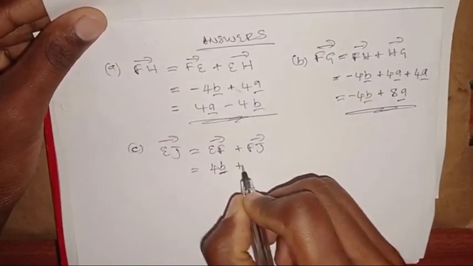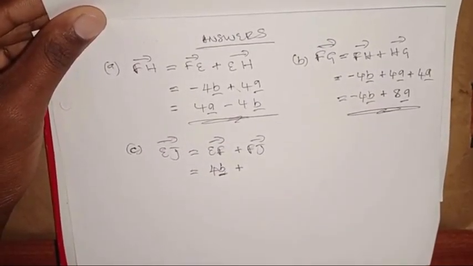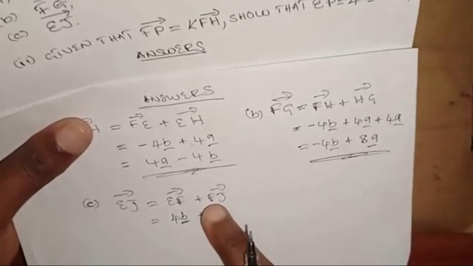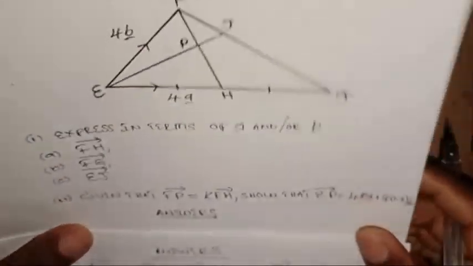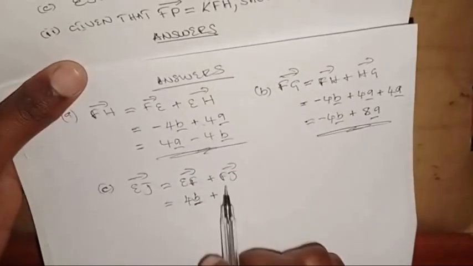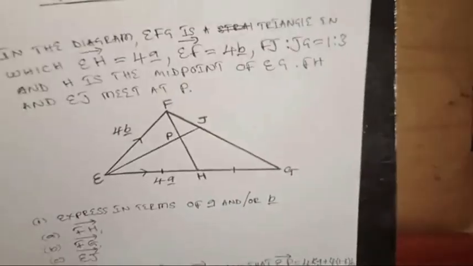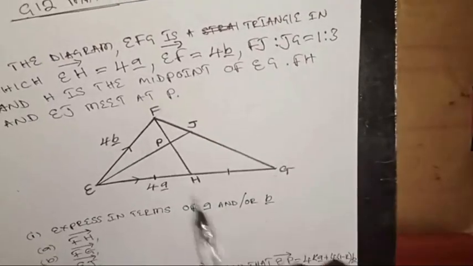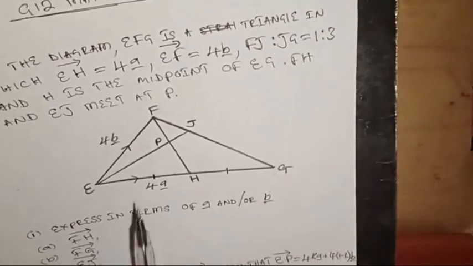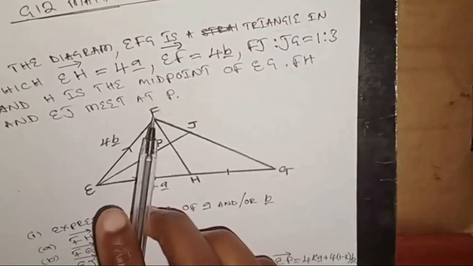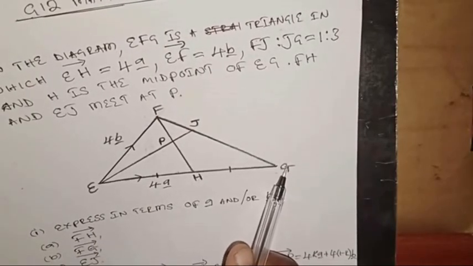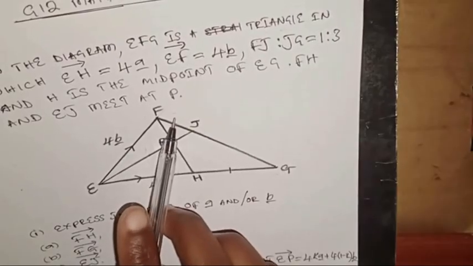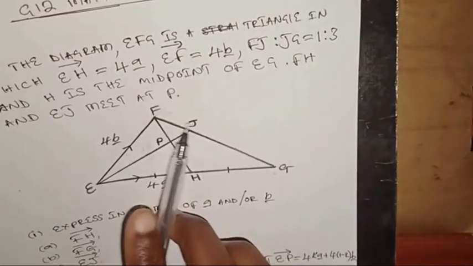Okay. Plus, what is FJ? So to find FJ, what is FJ? So we need to understand what FJ is. So let us go back to our diagram here and we shall understand what FJ is. If you think about it, just consider this length from F to G. We have a 1 here, not so, because FJ equals 1.